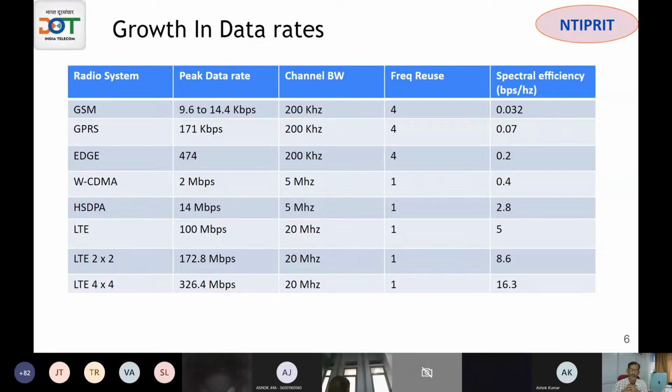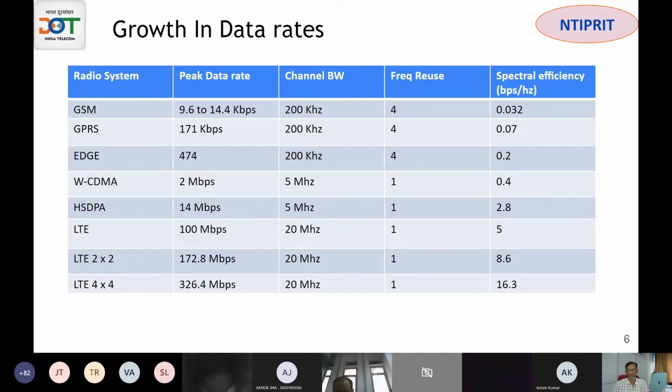So here, if you take a reuse of 4, then you have got a spectral efficiency of 0.032. GPRS is also similar to GSM, a 2G concept with reuse of 4, in EDGE also. So there, technology has slightly improved. And then WCDMA, you are using at every tower the 5 megahertz that you have. Of course, their scrambling code will be different, but the frequency is used in every sector.